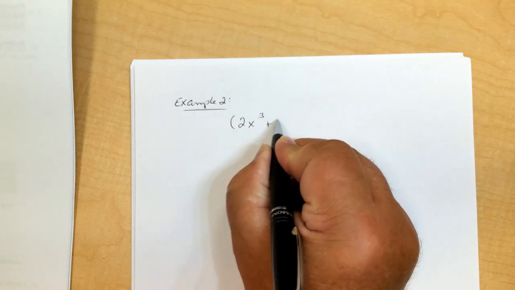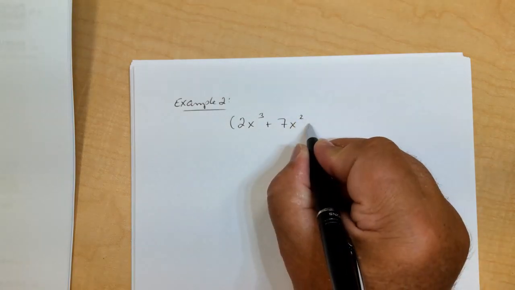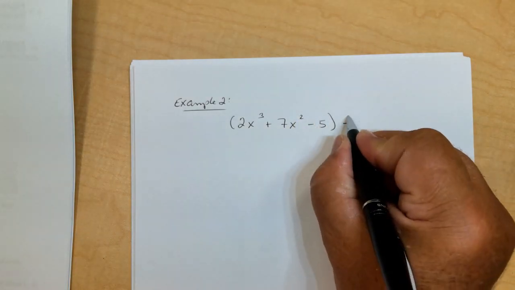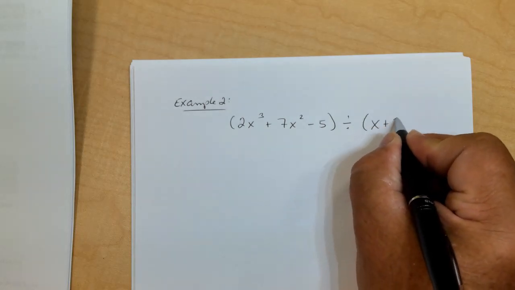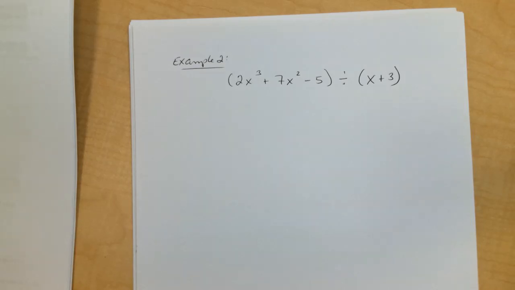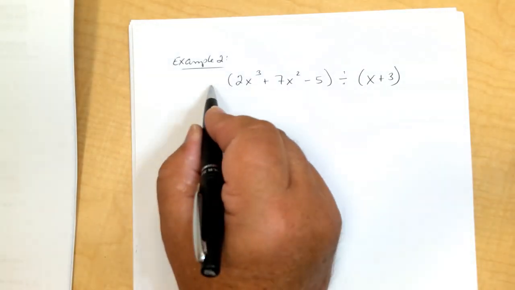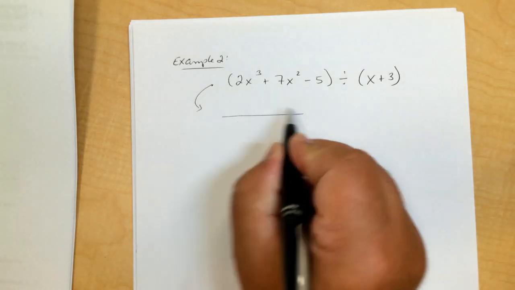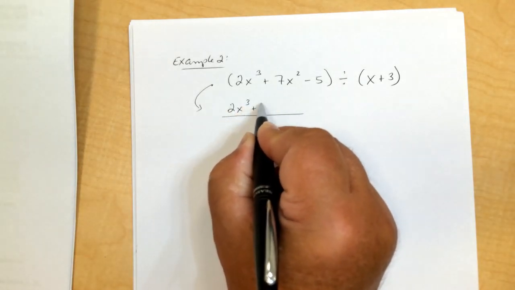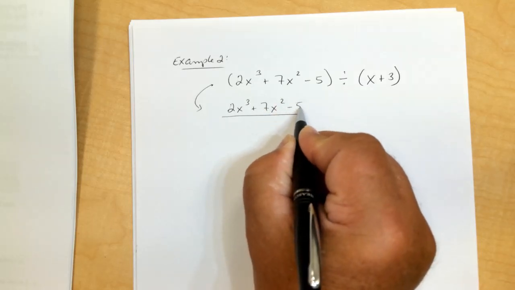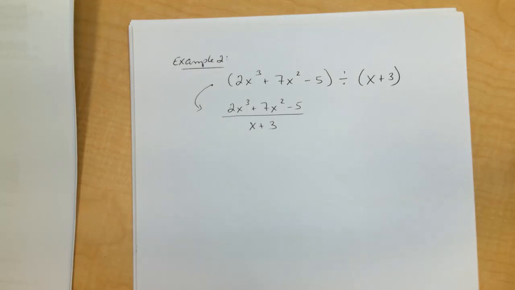x to the third plus 7x squared minus 5, divided by x plus 3. This equation looks like this.